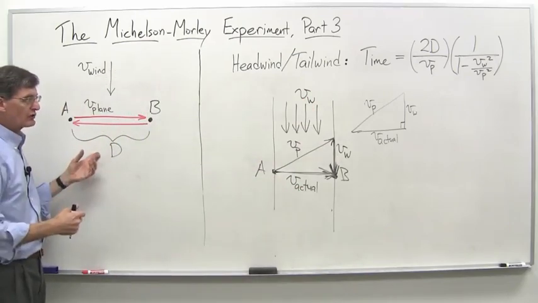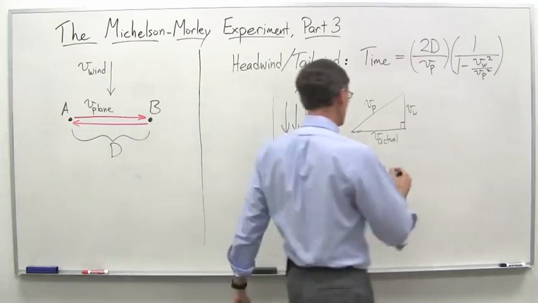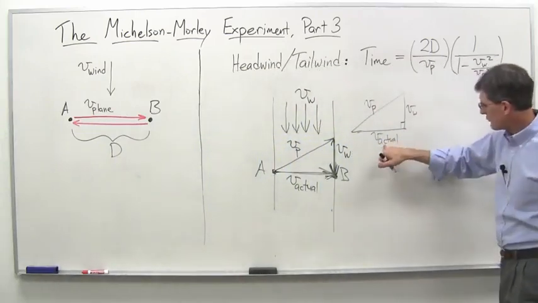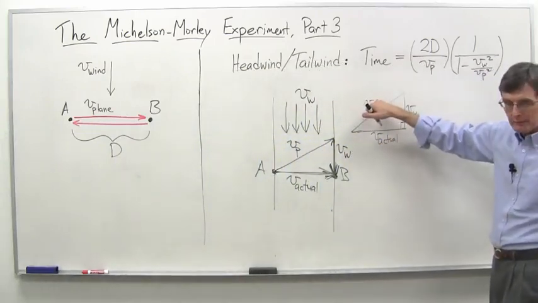So what is V actual over here? Well, Pythagorean theorem tells me that this squared plus this squared equals this squared. Remember?